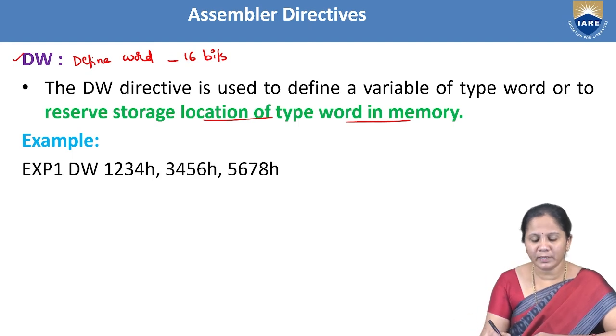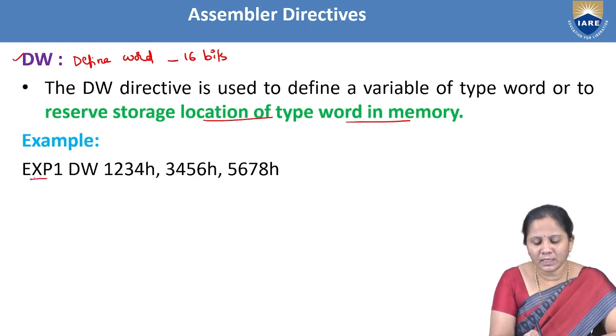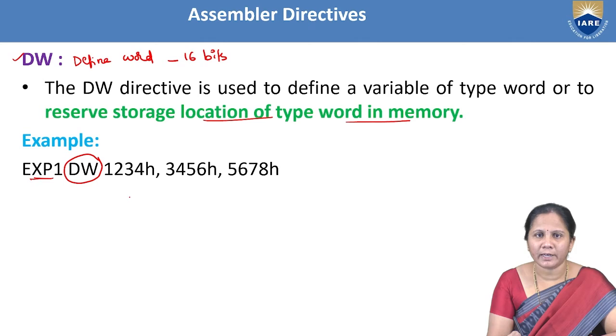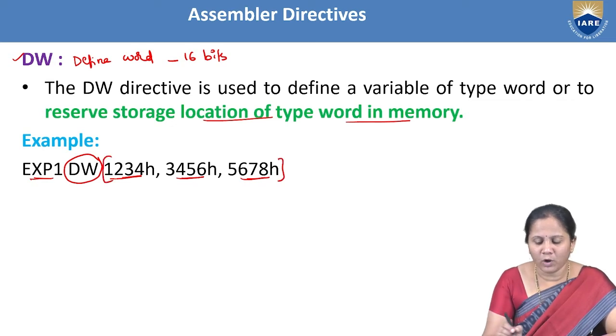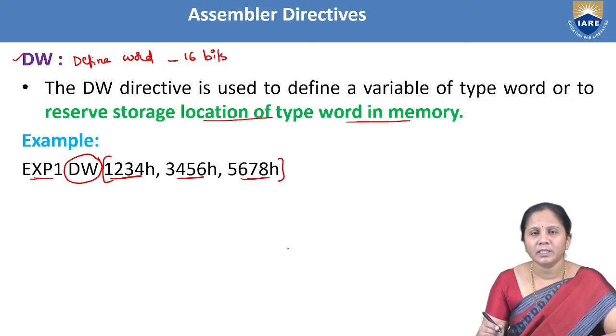So coming to the example here, this is the name, and this DW represents define word. It is an assembler directive. Here the data is 1, 2, 3, 4, 3, 4, 5, 6 and 5, 6, 7, 8. So all these are the specified values that will be stored in the reserved memory location.